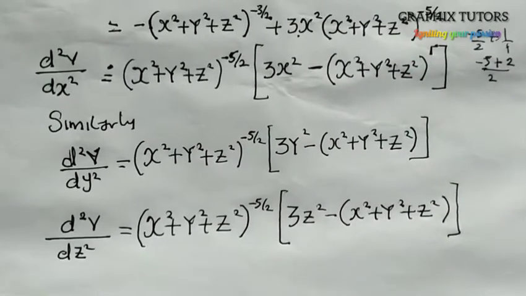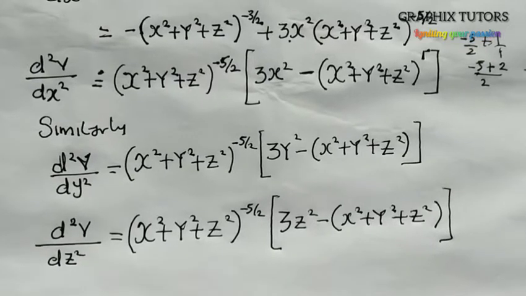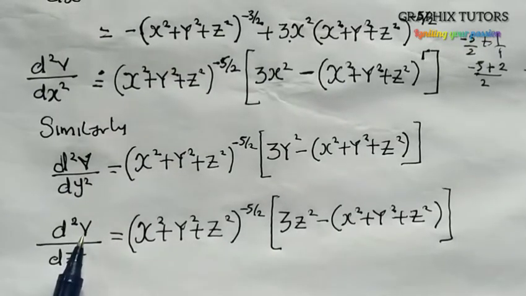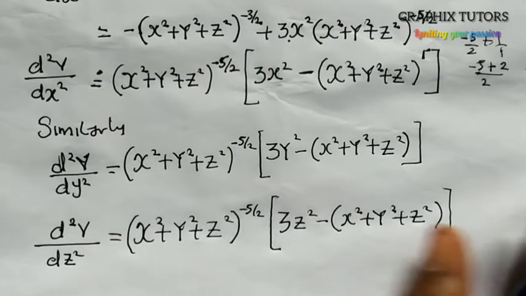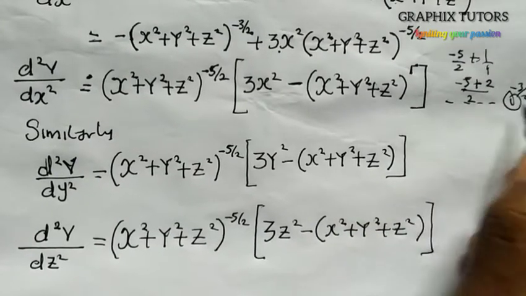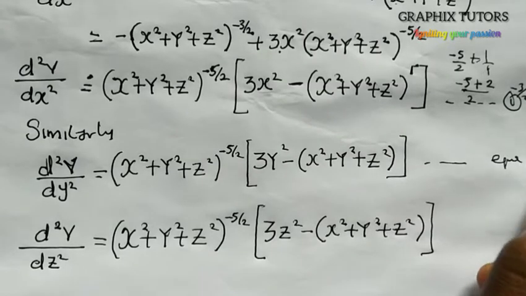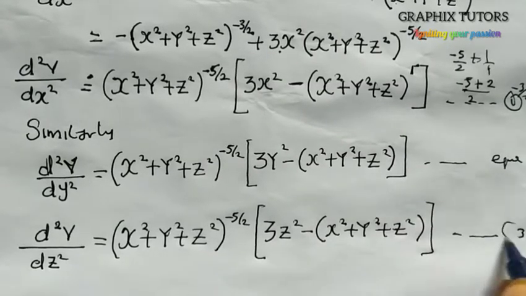So this is the 3 of them. Now the 3 of them here, it says if we add them, we should have 0. So I'll call this my equation 1, this will be my equation 2, and this will be my equation 3.